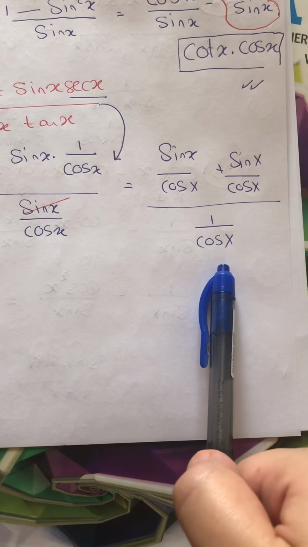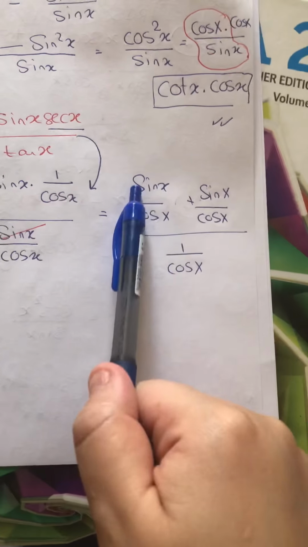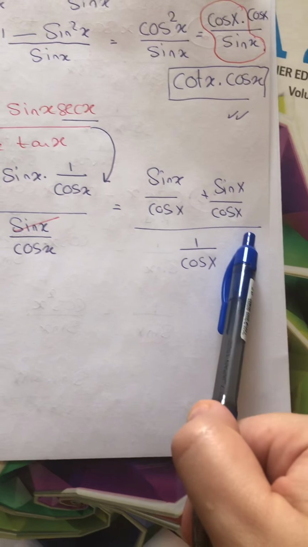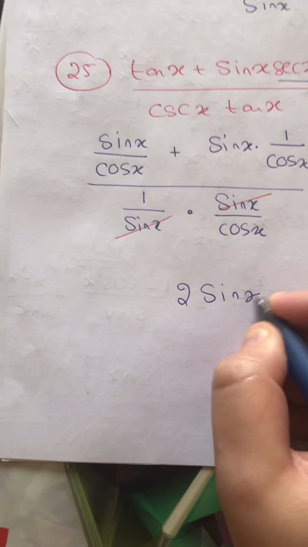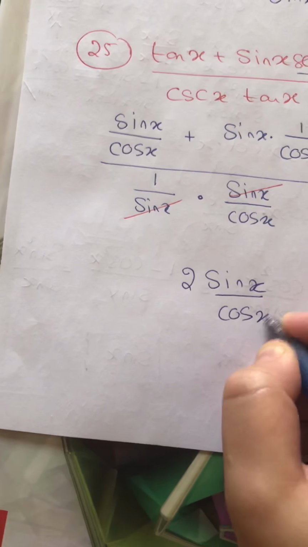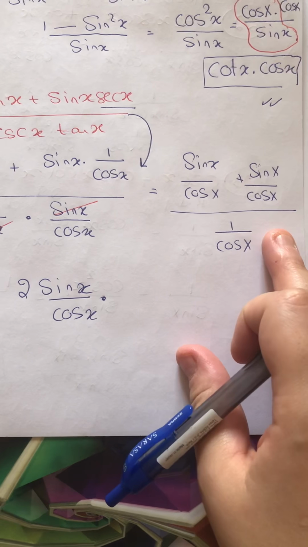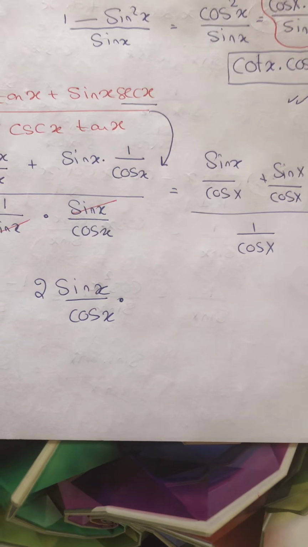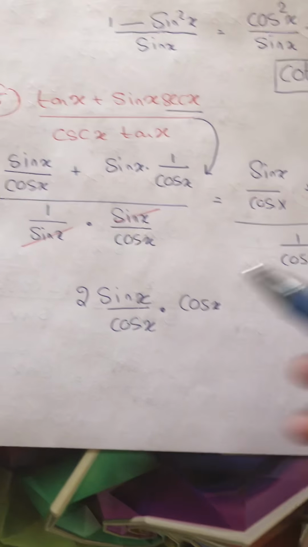Anyways, I did not see, and I started adding over here. Sine x over cosine x plus sine x over cosine x is actually 2 sine x over cosine x times, I'm gonna multiply by the reciprocal of 1 over cosine x. I'm gonna take it upwards, so it's gonna be multiplied by cosine x. The denominator cancels the denominator.